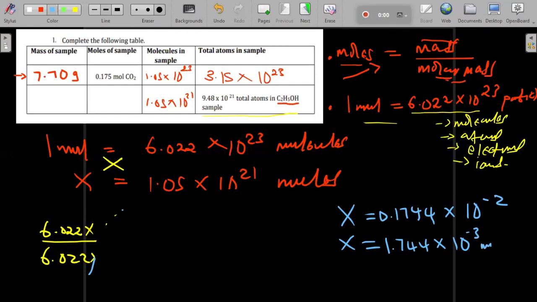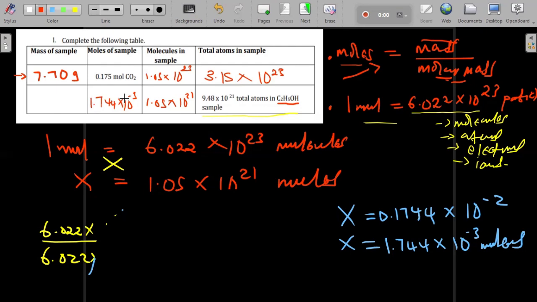And these will just be what? Moles. So those will be our moles for C2H5OH. You come here and write your moles, which will just be, let me use red, 1.744 multiplied by 10 to the power minus 3 moles. So that is what we get there.